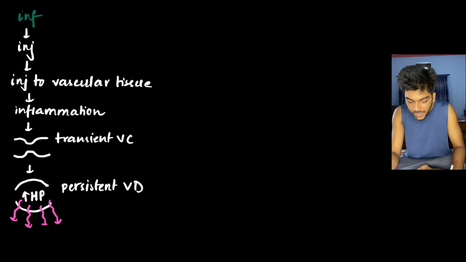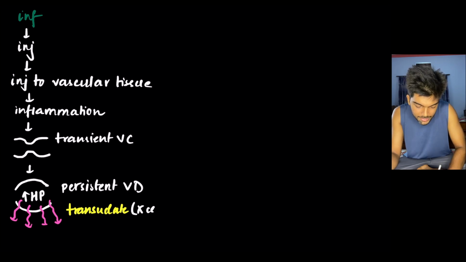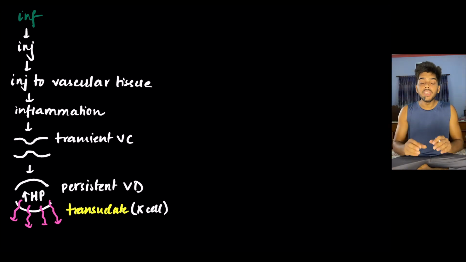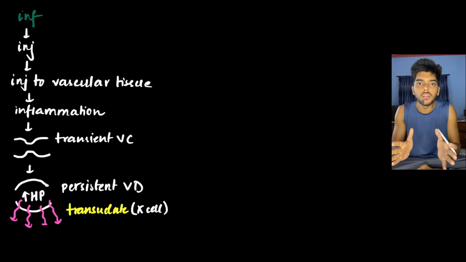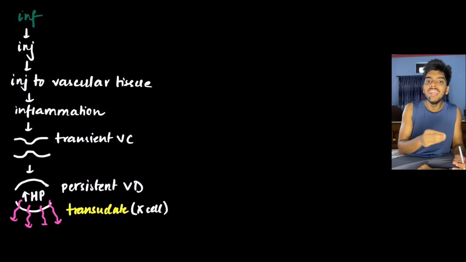And this fluid is referred to as transudate. Transudate contains little to no cell. When fluid from inside the blood vessel gets pushed outside, where will it go? It will go to various spaces that it finds, and it will lead to swelling. And swelling is referred to as edema.